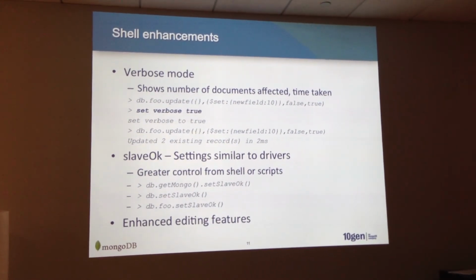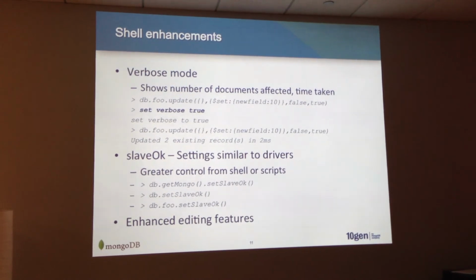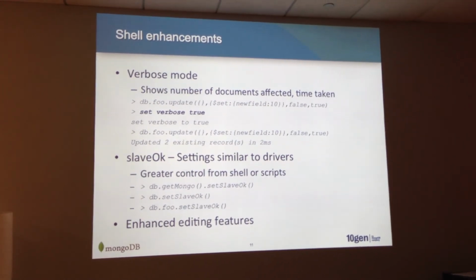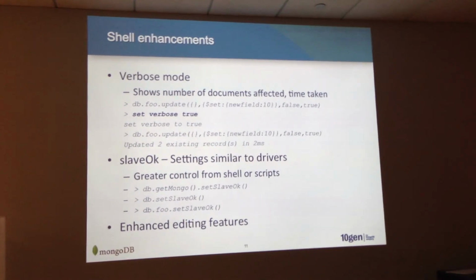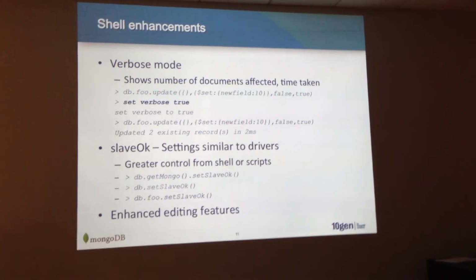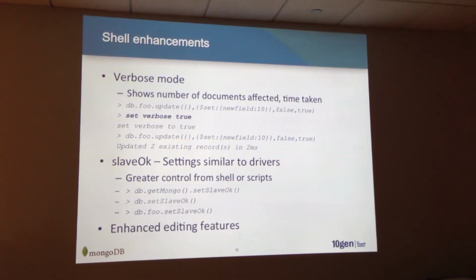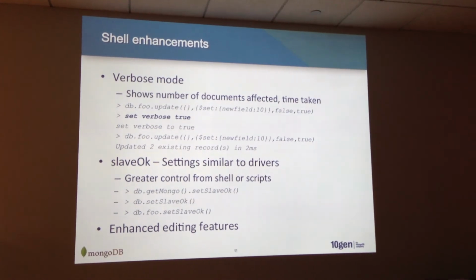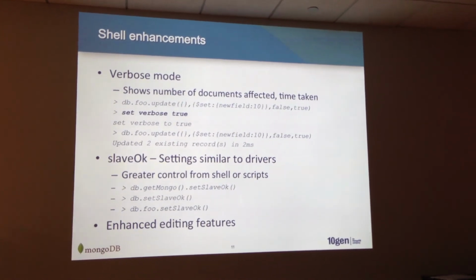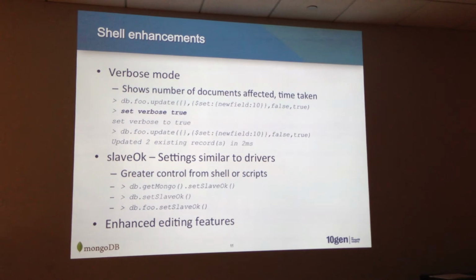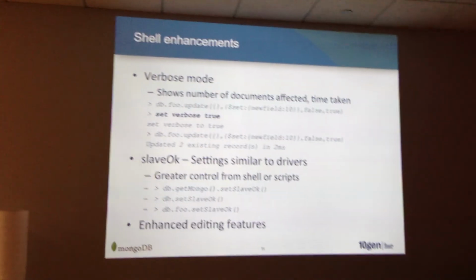If you remove documents, it will tell you, I removed 10,000 documents. That's better to know than in the past where you actually have no idea how many documents were removed or updated. So set verbose true, that's your friend. Save OK, it's just that you can set it in the shell, that's not very interesting.